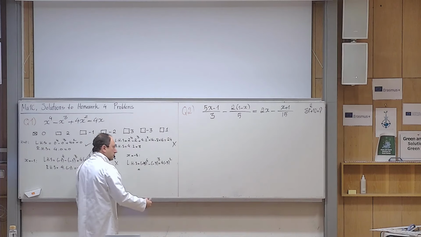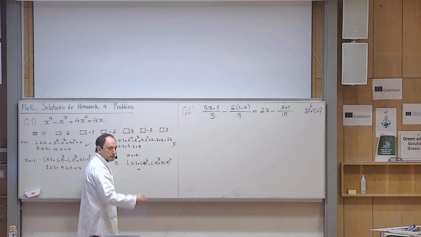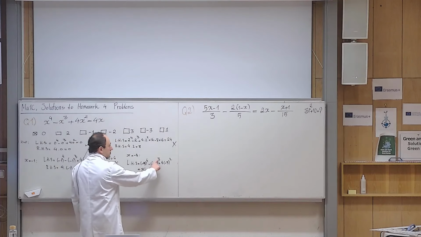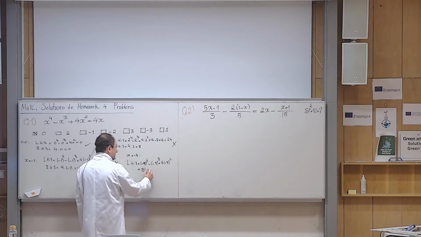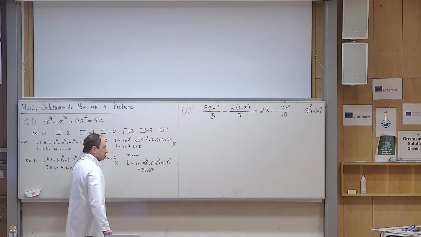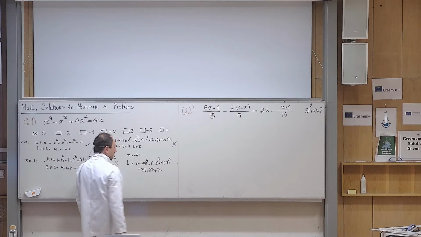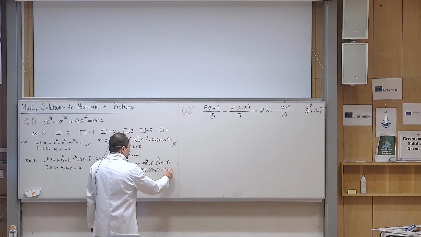Positive 9 times minus 3, minus 27. Minus 27 times minus 3 is plus 81. But again, minus 3 to power 3 is negative 27. There is also a negative sign here. It becomes that. And this becomes positive 36. Yes? So it becomes 144.